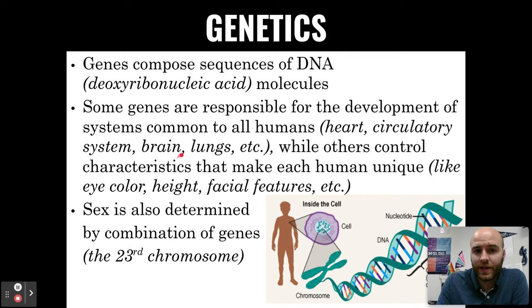These molecules. Some genes are responsible for the development of systems common to all people, like your heart, circulatory system, brain, lungs. Others control characteristics that make each human unique, like your eye color, your height, your facial features. Sex is also determined by a combination of genes, specifically of the 23rd chromosome. So that's how we get our sex and all of our different characteristics from the genes that make up our DNA.